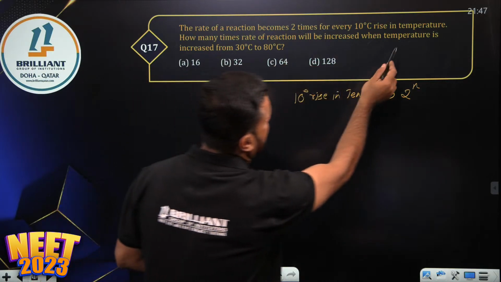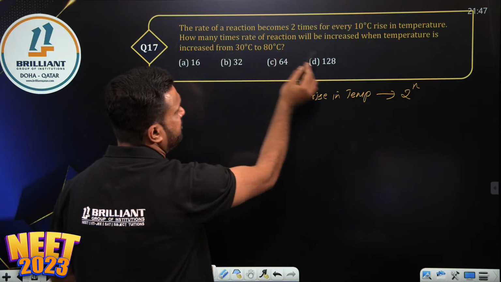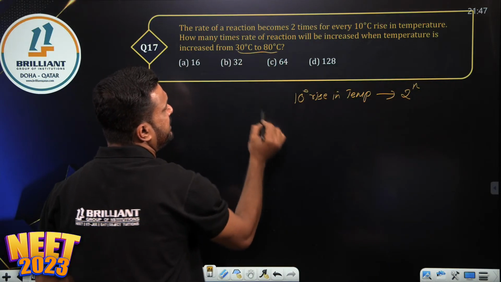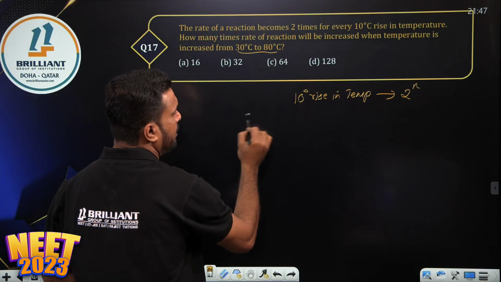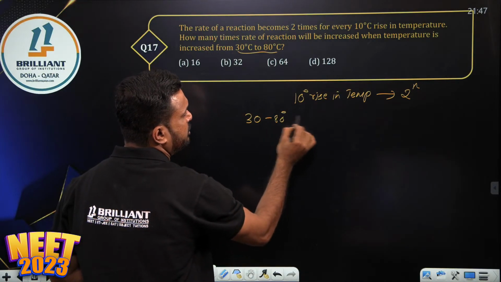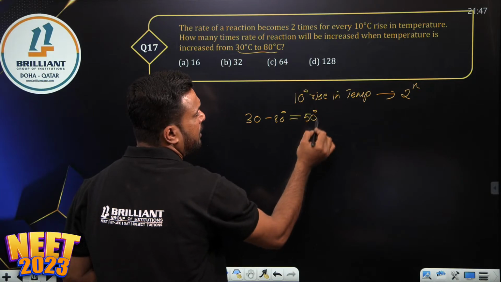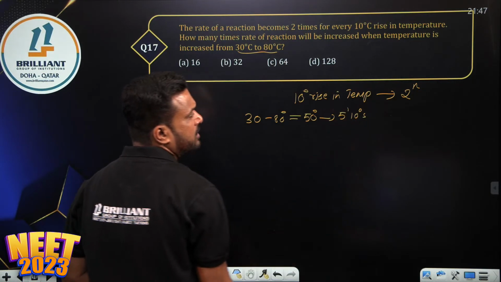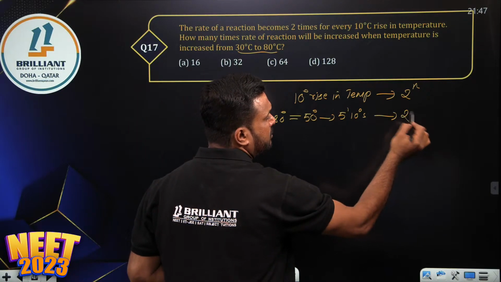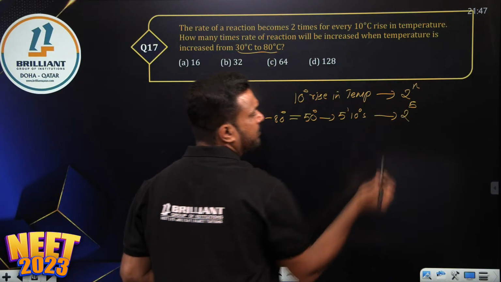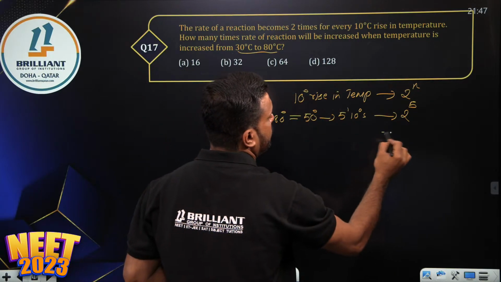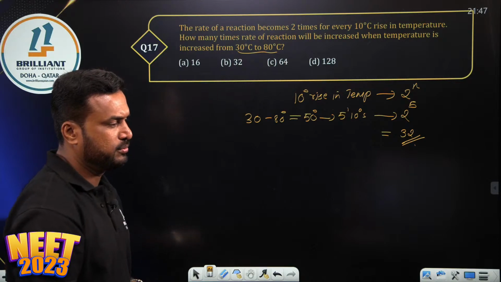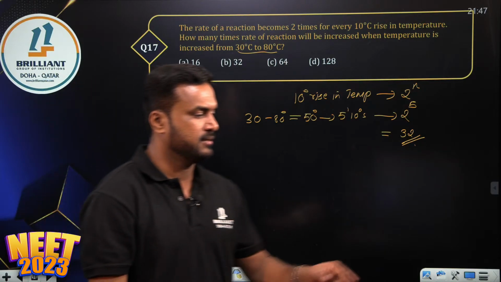Here the temperature has been increased from 30 to 80 degrees Celsius, which means the difference is 50 degrees. 50 degrees means 5 tenths are there. So you can write 2 raised to 5. 2 raised to 5 is equal to how much? 32. Yes or no? Yes, correct answer.